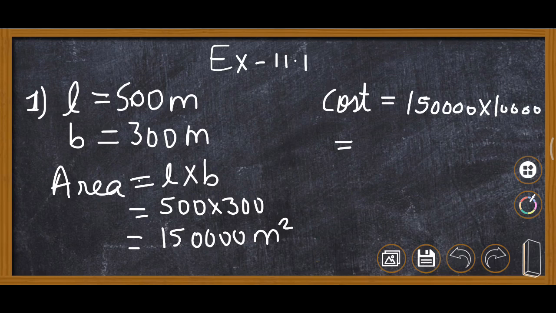Now total zeros, 8 zeros, 1, 2, 3, 4, 5, 6, 7 and 8. Now put commas 1, 2, 3. So here you can see this is 150 crores.